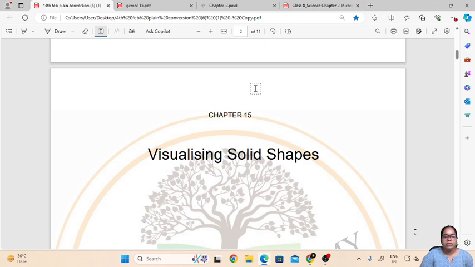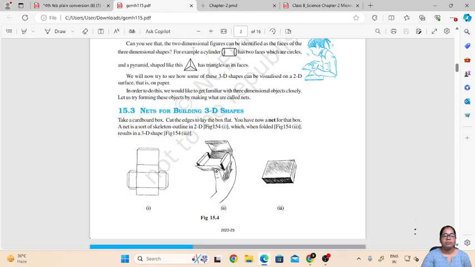In today's video, that is part 2 of visualizing solid shapes, what we will study is about the nets of the shapes. So today we are going to study about the nets of building 3D shapes.